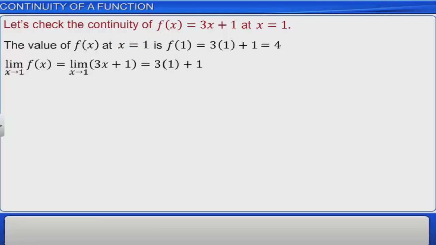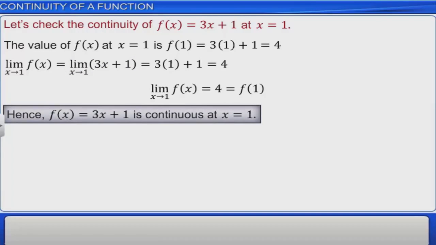This is given by limit of 3x plus 1 as x approaches 1. This is equal to 4. Thus, the limit of the function coincides with the value of the function. Hence, the function is continuous at 1.